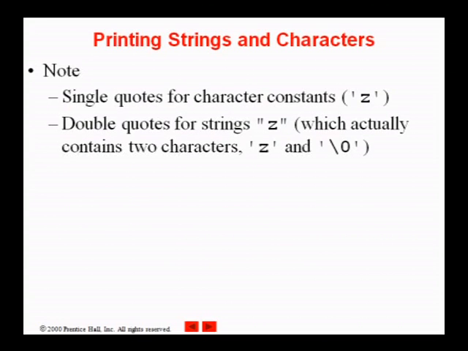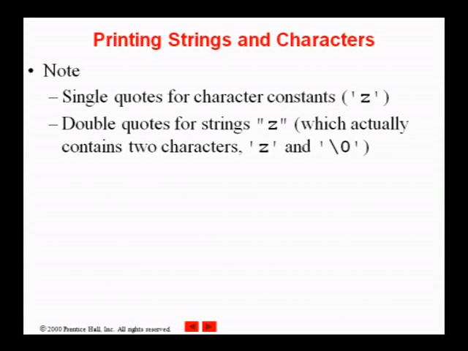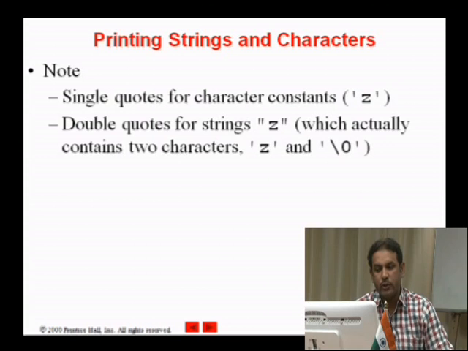Note single quotes for character constants. Whenever you use characters, the character should be enclosed in single quotes, for percentage c. And double quotes for strings. Whenever you want to display a string, it should always be enclosed in double quotes.